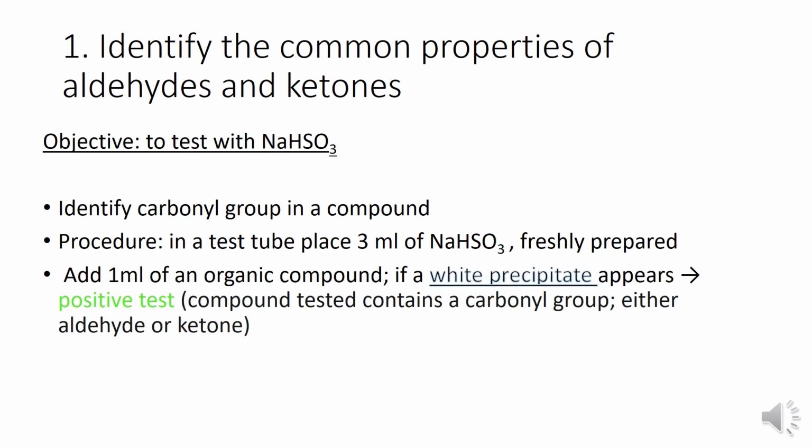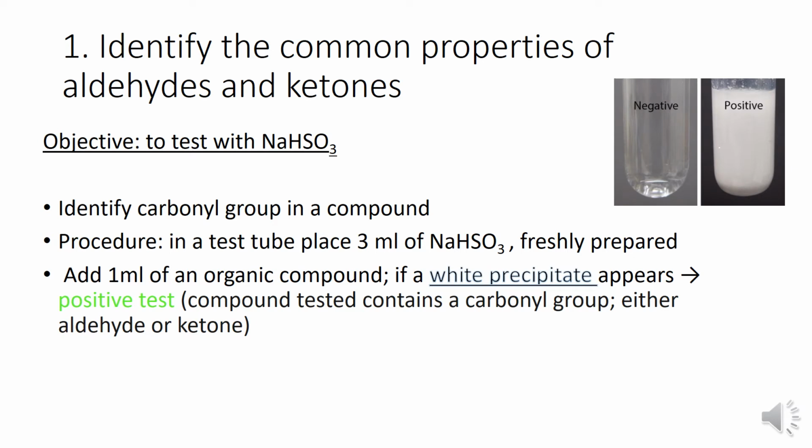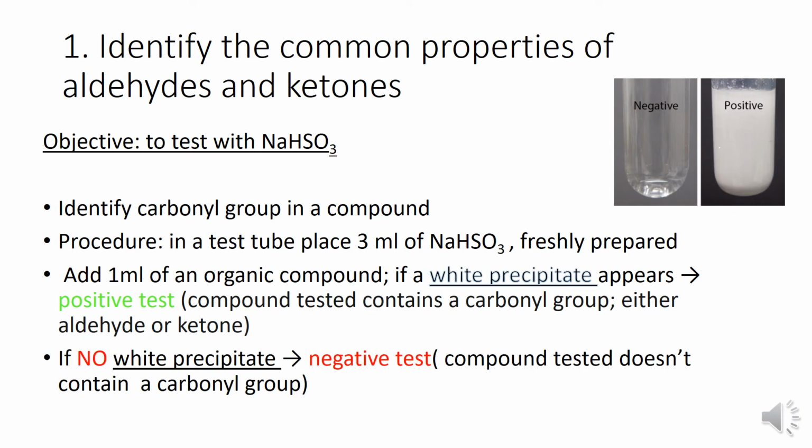Add 1 milliliter of an organic compound. If a white precipitate appears, it means a positive test. The compound tested contains a carbonyl group. It is either an aldehyde or a ketone. If there is no white precipitate, it means a negative test. The compound tested doesn't contain a carbonyl group.